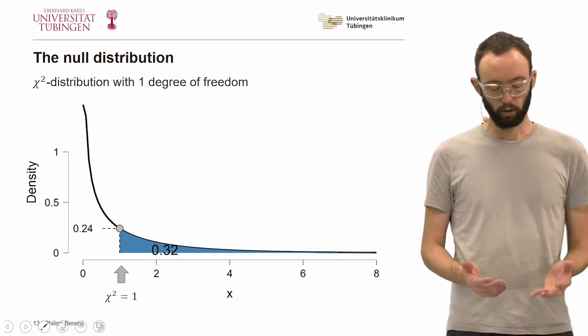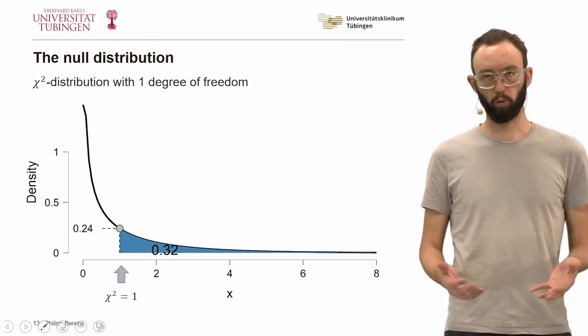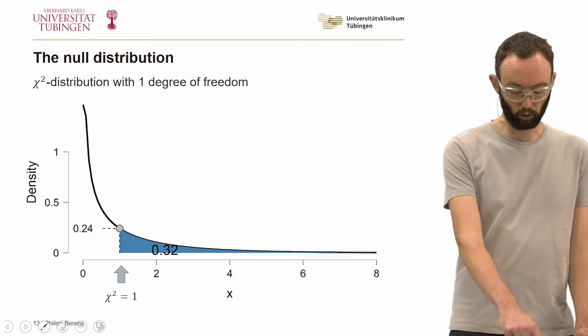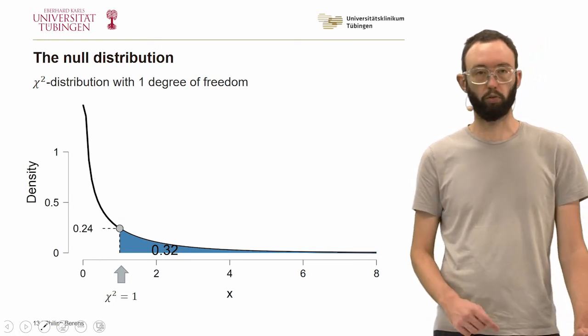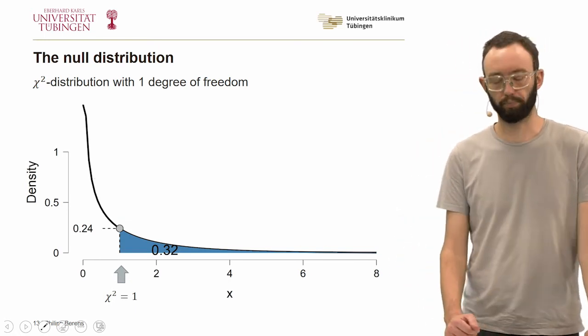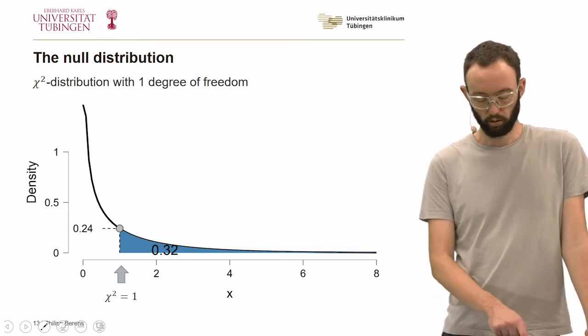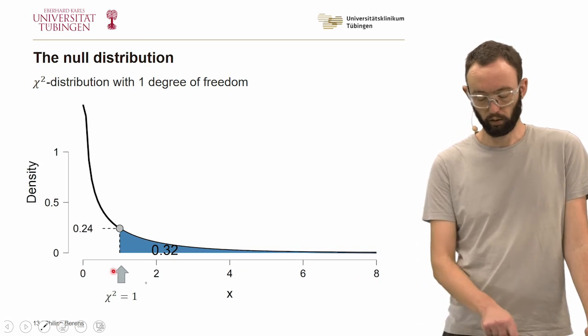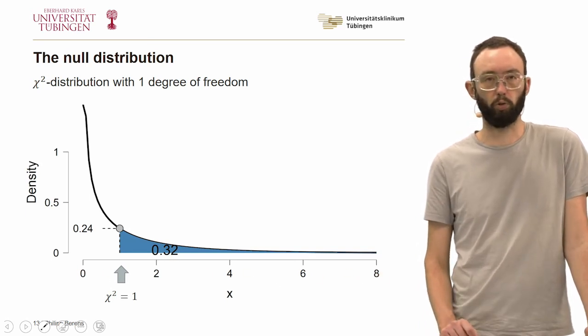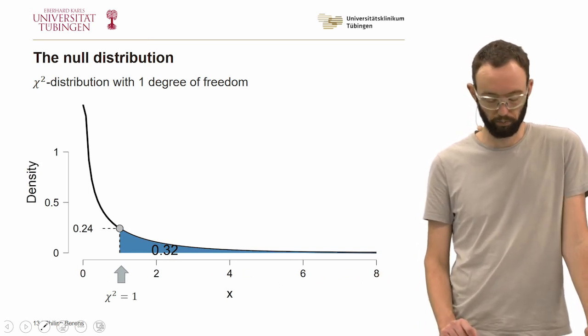And as you have learned by now, you can use also JASP to plot that curve. And it looks like that. Because of the squares involved in the chi-square statistic, the values that the distribution can take are only positive.